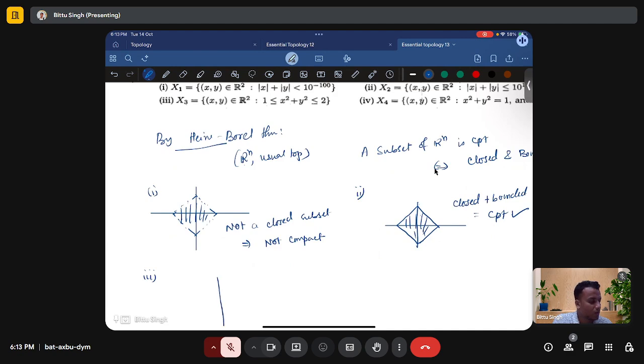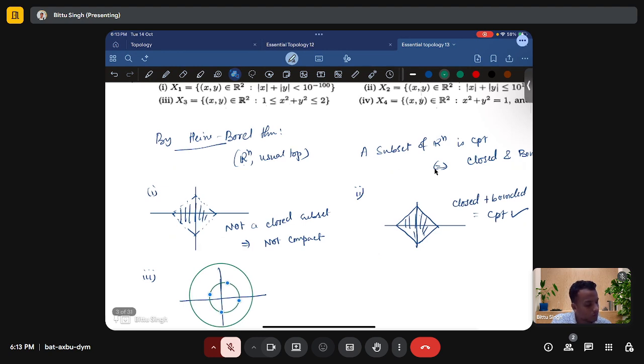In this case, x square plus y square is between 1 and 2, less than or equal to 2. It is containing some circle. The region will be given by those two concentric circles. Okay.